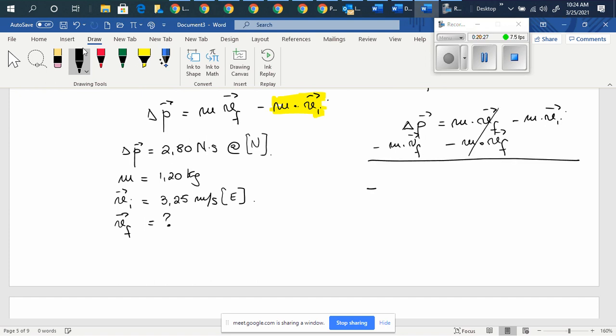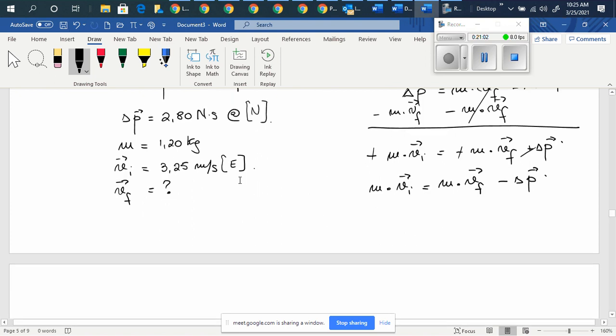So what you have is negative mass times initial velocity is equal to negative mass times final velocity plus change of momentum. And then changing the sign of all of them will be mass times initial velocity is equal to mass times final velocity minus change of momentum.